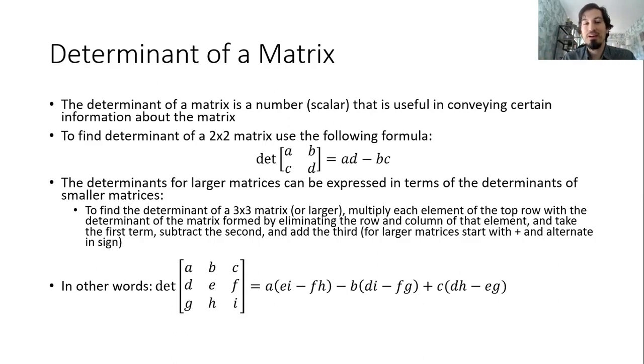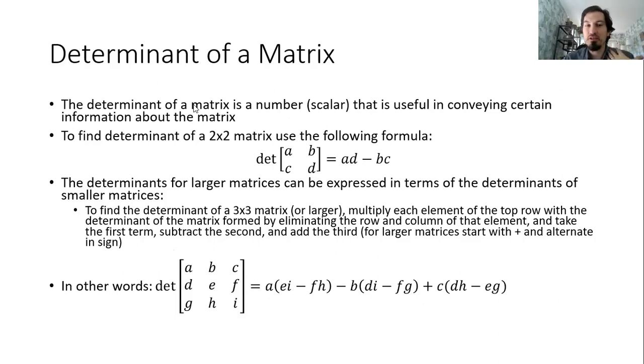I'm hesitant to even explain it, but it's the same process: you can reduce a 4 by 4 matrix to a bunch of 3 by 3 determinants, and you reduce the 3 by 3 determinants to a bunch of 2 by 2. You can still do that, but it's very time consuming. I'm not going to ask you to do that. But I do want you to know what a determinant is and how you could calculate it for a 3 by 3 matrix.